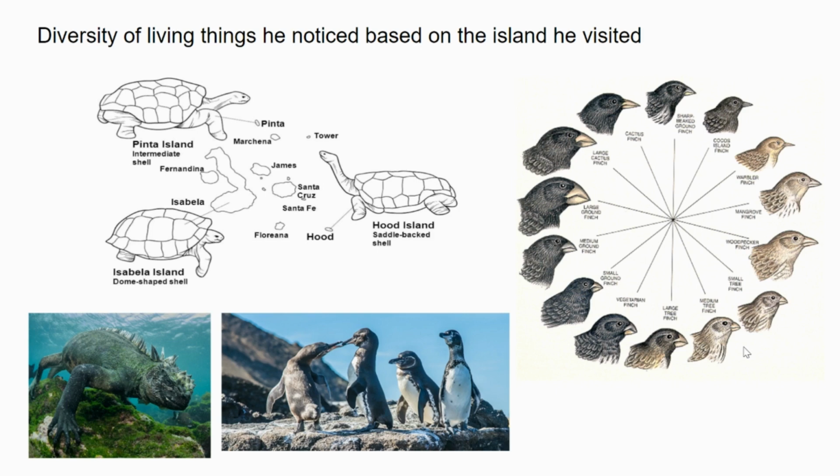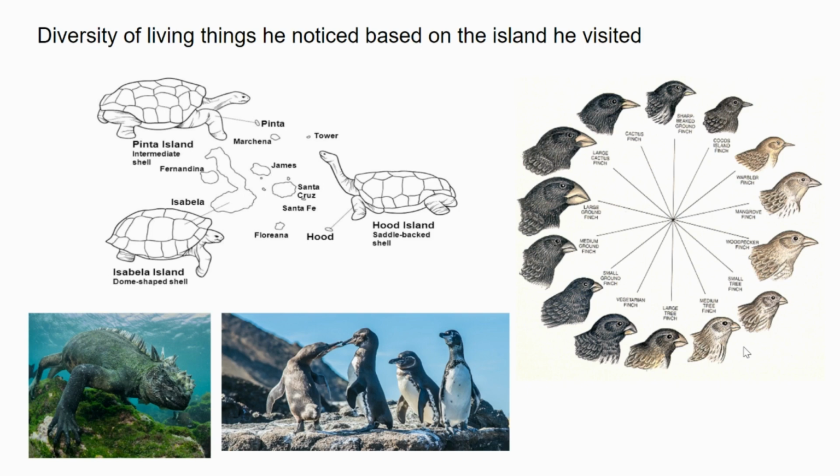Not only this, but as he went around to the different islands, he noticed small differences among the populations of each species. For example, in the giant tortoises on Hood Island, he saw that the tortoises here had elongated necks and flat saddle-like shells. But on Isabella Island, the tortoises had a dome-shaped shell with much smaller necks.